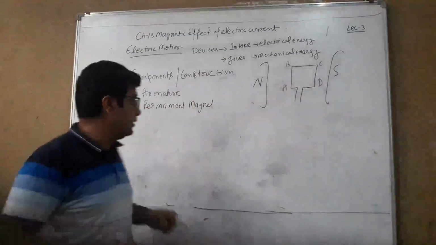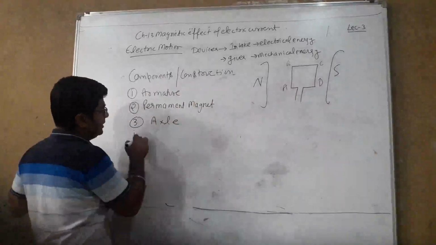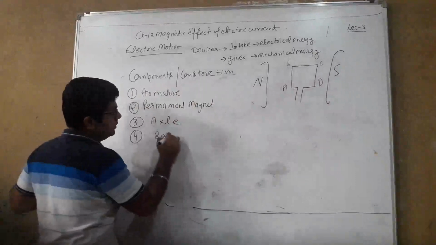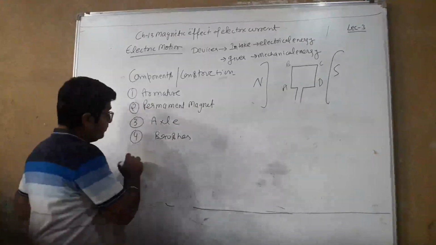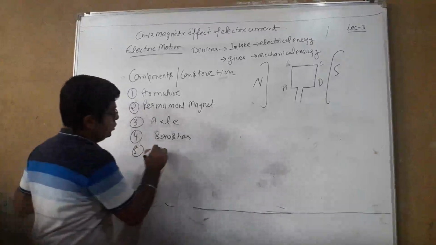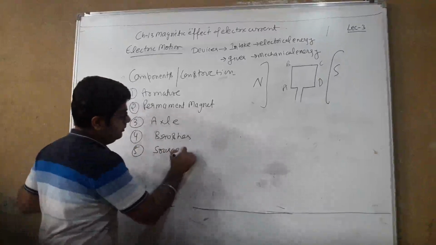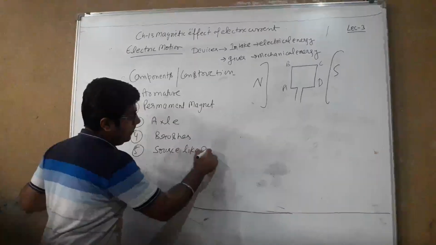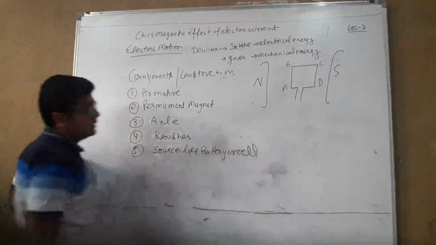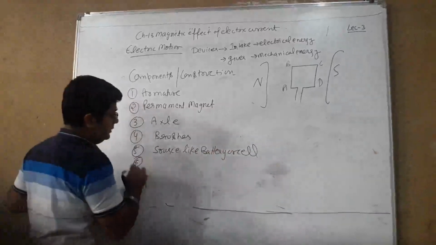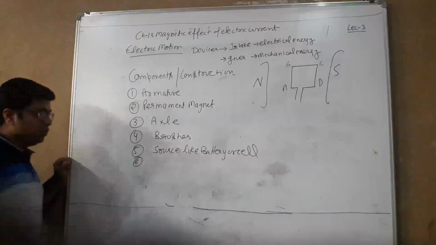And next, third thing, we need an axle. Let me write all the things: axle, brushes, not toothbrushes, okay, brushes, and a source like a battery or cell. So brush, axle, permanent magnet, armature, source.